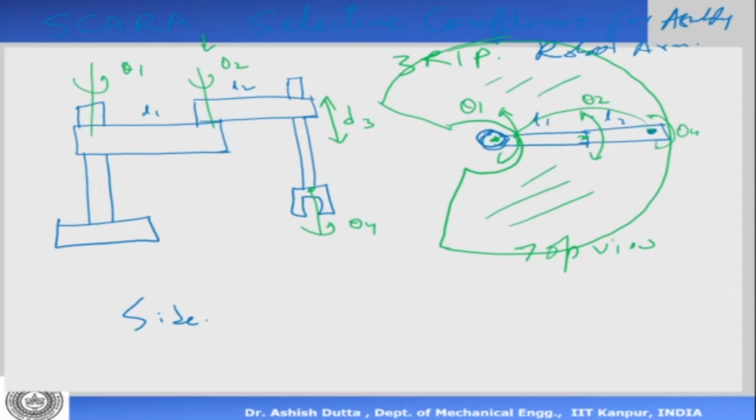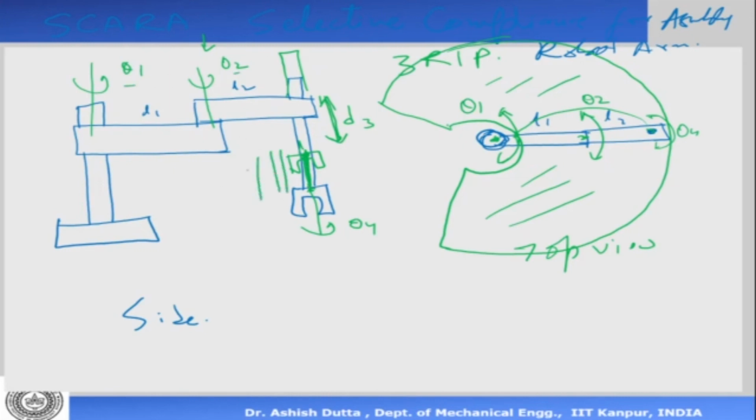Now when I look from the side view, what we can see is this can move up and down. That means this end effector can go up and down, so this can come till the top here. This is a straight line. Now this straight line can be swept when theta 1 and theta 2 move. What will happen?